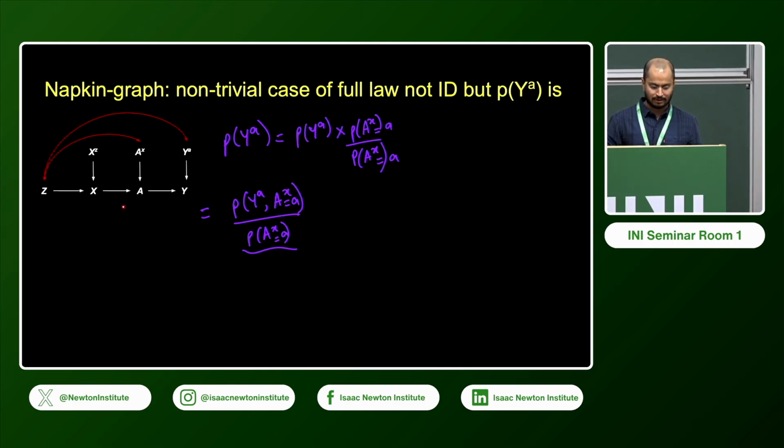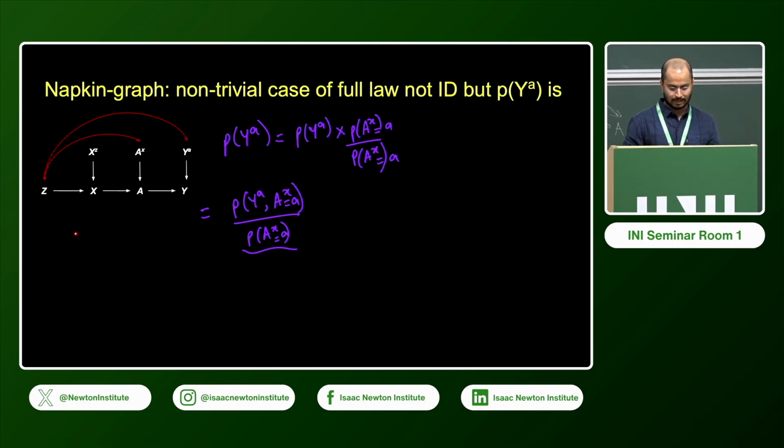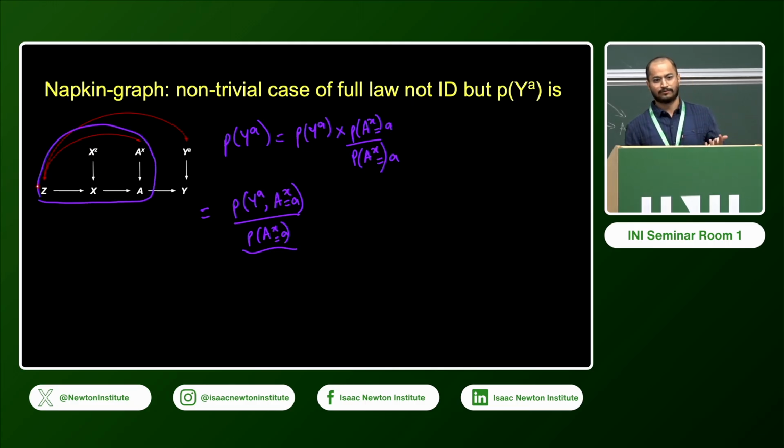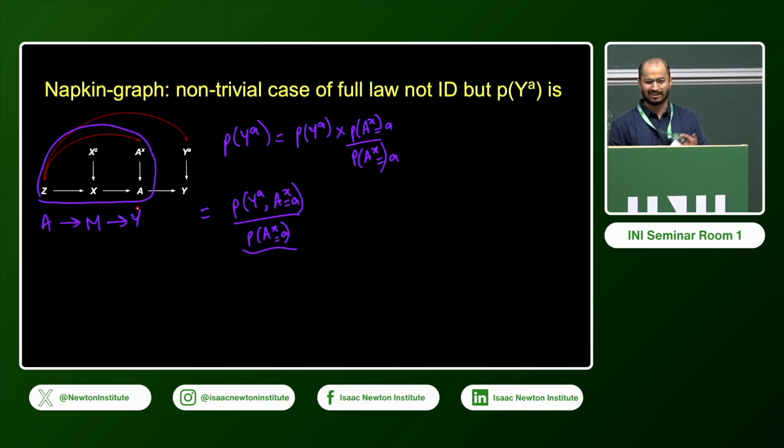The denominator can be identified as follows, as Thomas pointed out: Z, X, A is the front door graph. So if I want the effect of X on A, I can do a kind of replacement. I have A to M to Y. In this case, Z is playing the role of A, X is playing the role of M, and A is playing the role of Y. And so this is just given by the front door formula.